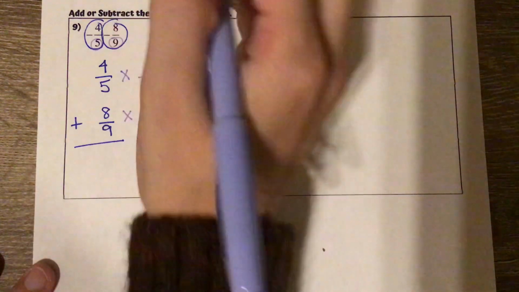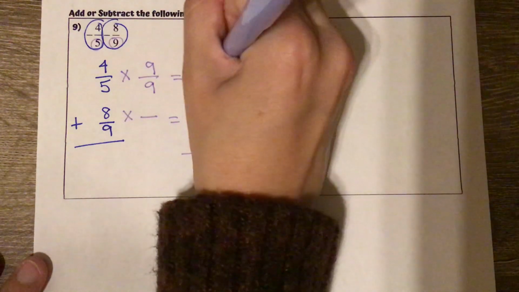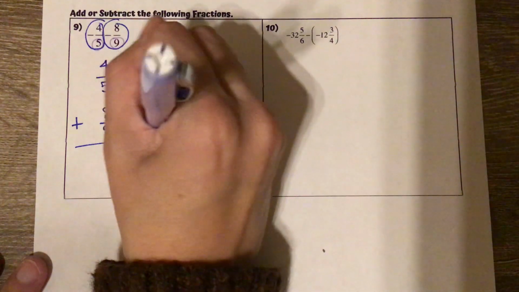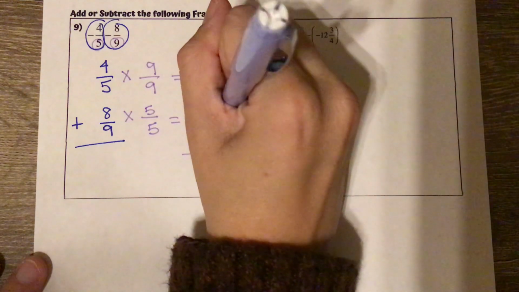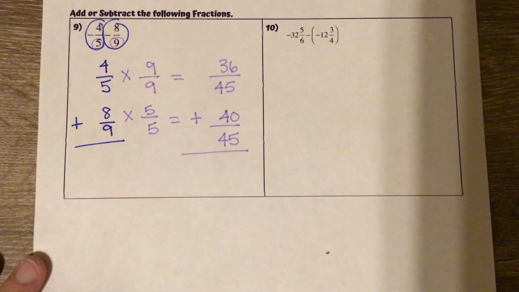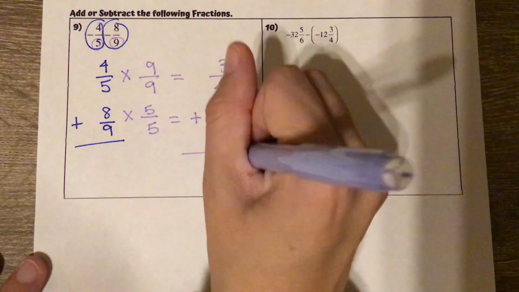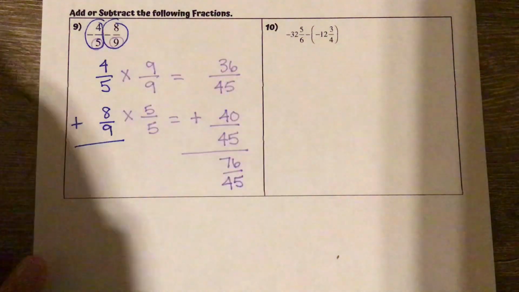5 times 9 is 45. Do the same to the top. 4 times 9 is 36. 9 times 5 is 45. Do the same to the top. 8 times 5 is 40. Now they're converted. We can add. 36 plus 40 is 76 over 45.